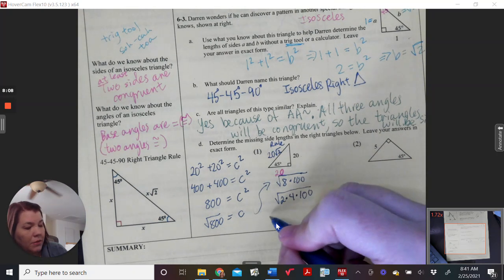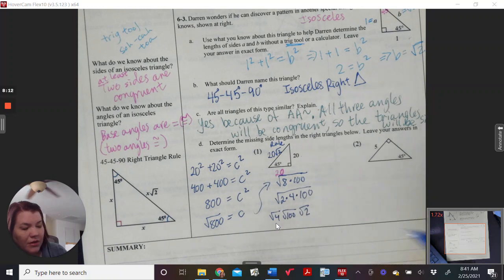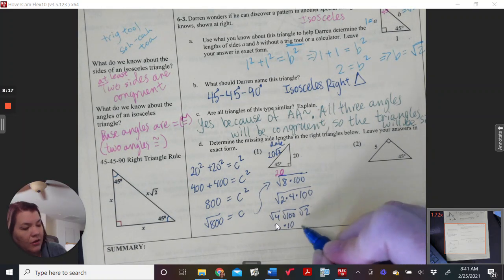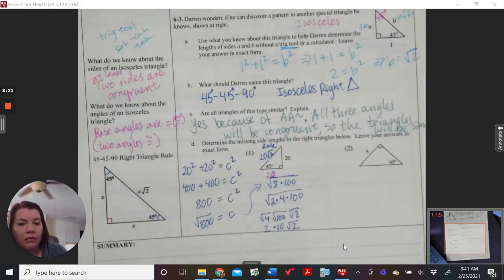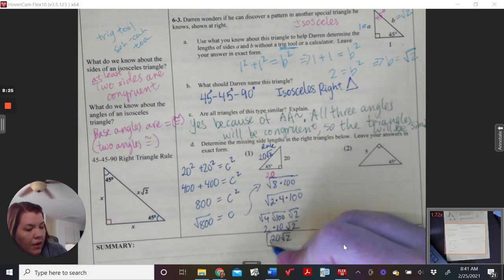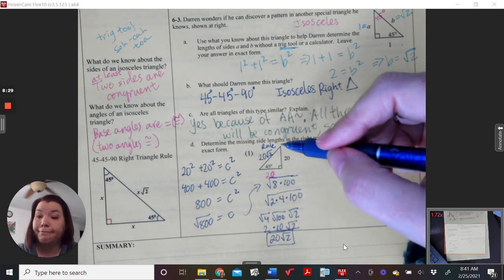The square root of 4 is 2, the square root of 100 is 10, and the square root of 2 is a decimal, so I leave it as a radical. I ended up with 20 radical 2, and I'm finished. Now, as you can see, it's much faster to use the rule, but the Pythagorean Theorem will never let you down if you're cool with the simplest radical form piece.